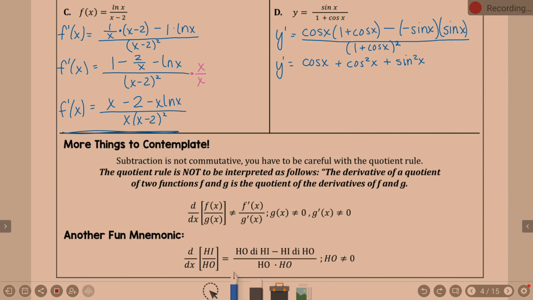Plus sine squared x, because minus a negative is going to make it positive. Sine times sine, sine squared x, over 1 plus cosine x, quantity squared.